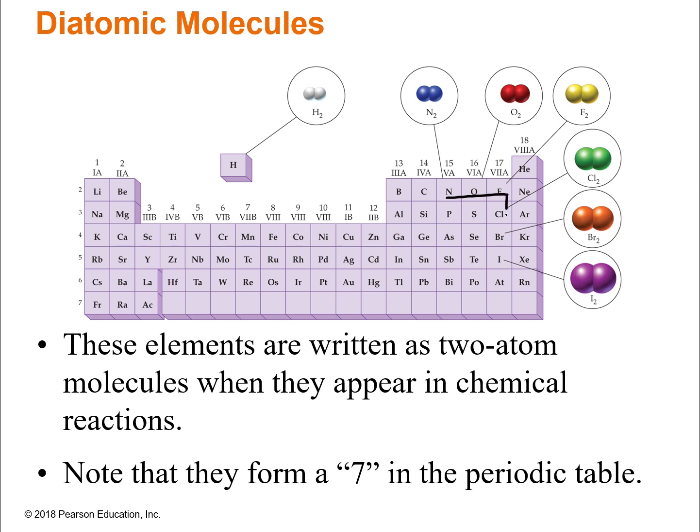The others form a 7 in the periodic table. All of these are called diatomic molecules. They like to hang out in pairs. So when you're writing your chemical equations, make sure that you write these properly. You'll need to remember these.